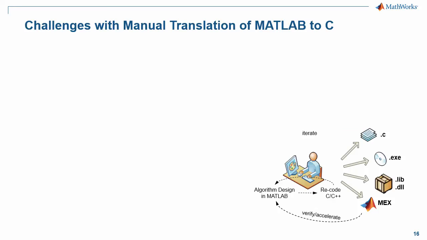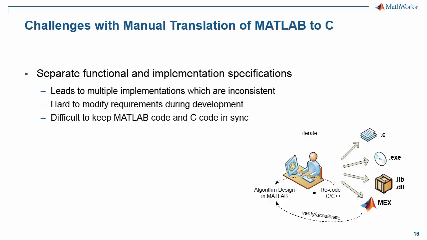Now, there are a few ways that we can take MATLAB code and turn it into C. We could have a software engineer rewrite the MATLAB code in C, but this comes with some challenges. First, we now have multiple implementations of both. If we change the requirements, or if we have to change the MATLAB code, then we have to go find where it is in the C code and update that as well.